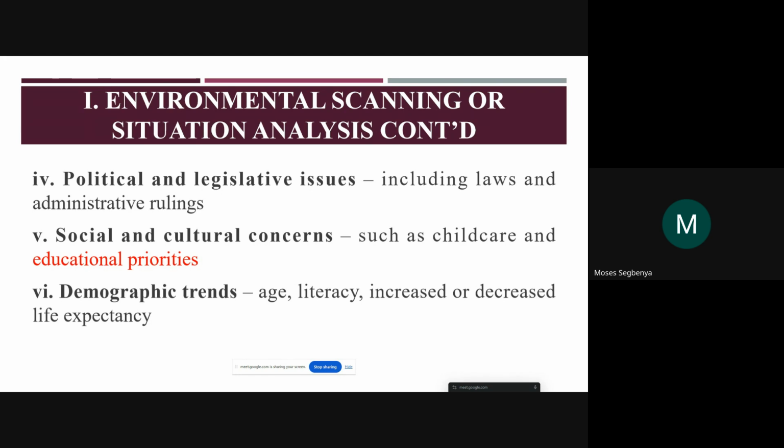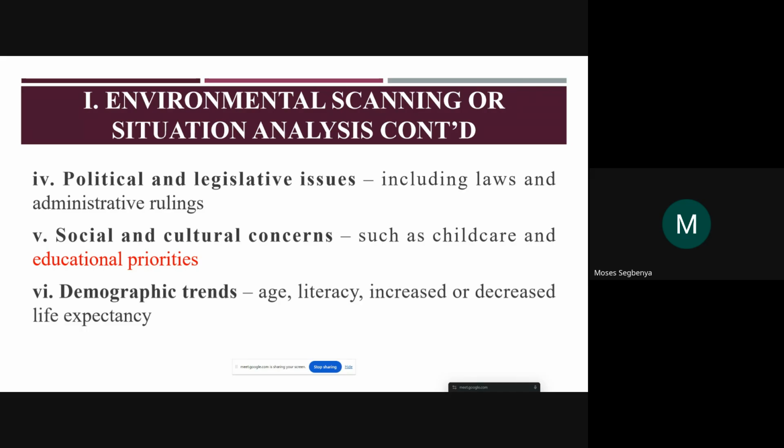So by the time you even enter the job market, you are over 35 years. Some educate themselves to the extent that by the time they finish school, they are more than 30 or 40 years. So today is not the same.